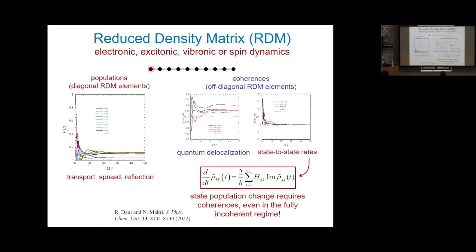It's a very simple expression. What you see here is that state population changes require coherences. Even if you are in a regime that you call incoherent, like hopping transfer, you still have coherences. Without coherences, you don't get any transfer.